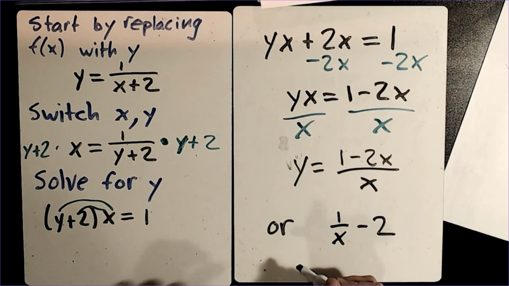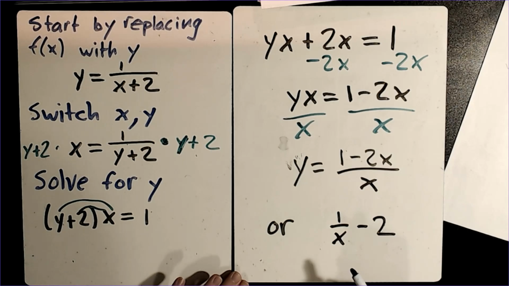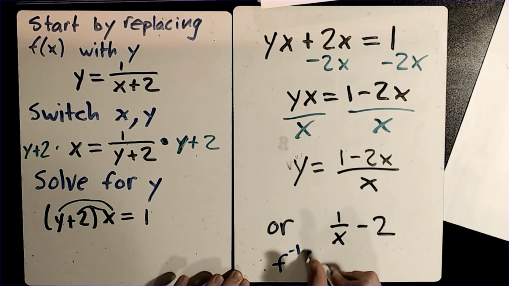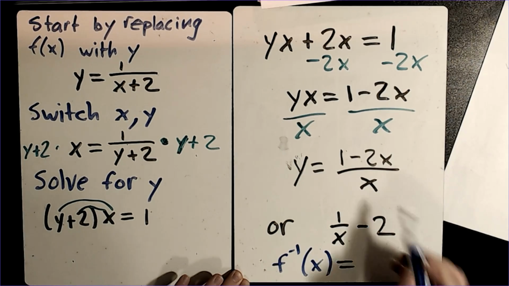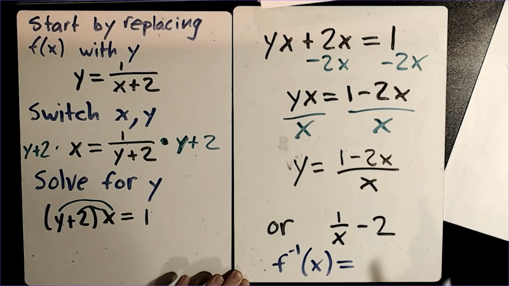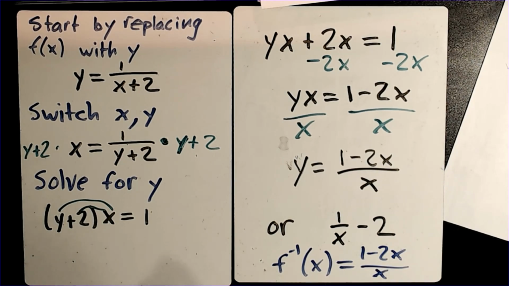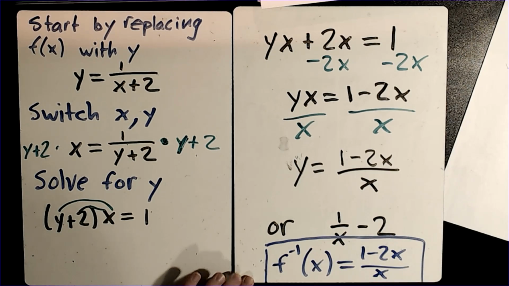Now typically how they'll write the final answer is they will use the inverse function notation, with the little -1 on the function, which would equal, you could use either of these formulas, 1 minus 2x over x. And that would be your inverse.